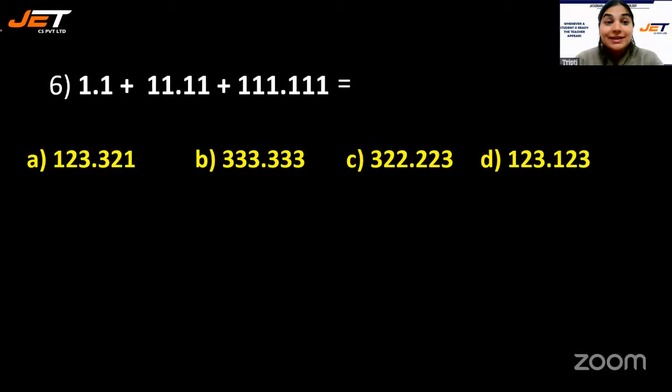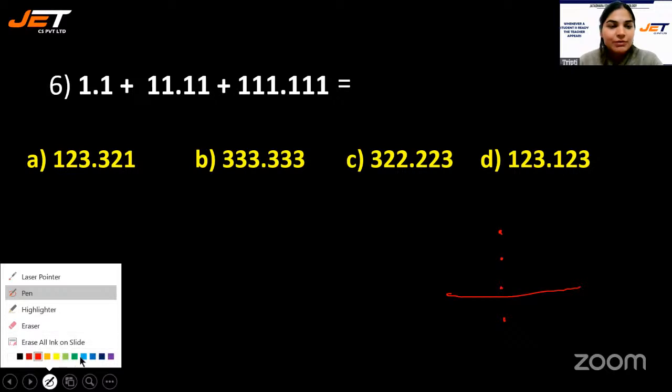All right. Next question is this. 1.1 plus 11.11 plus 111.111. Let's add them. You just put decimal under decimal and go with the flow of the numbers. Just put decimals, that's it, and keep writing the numbers.